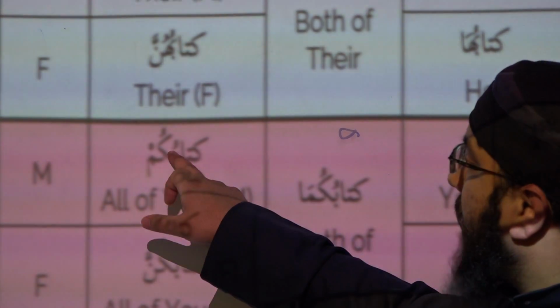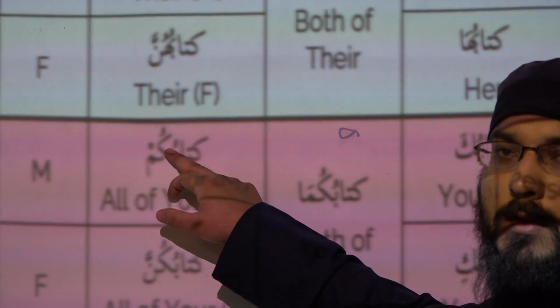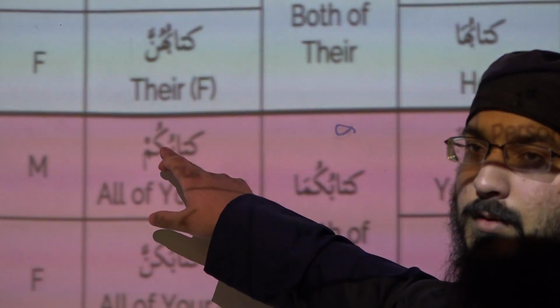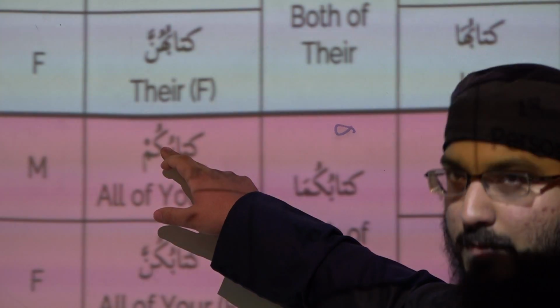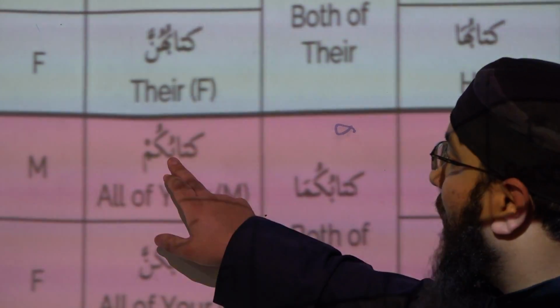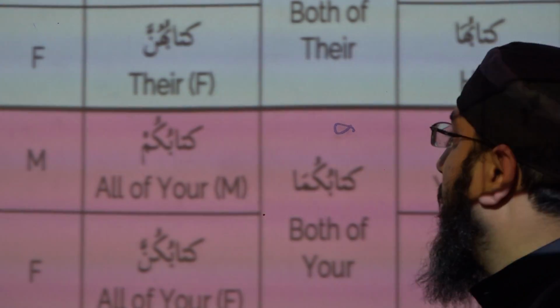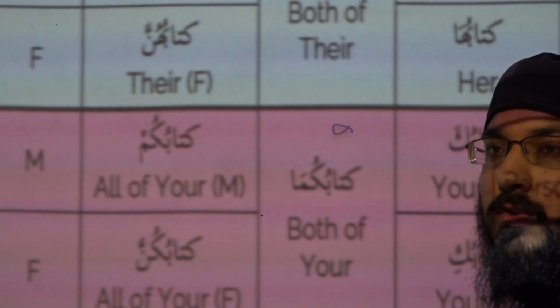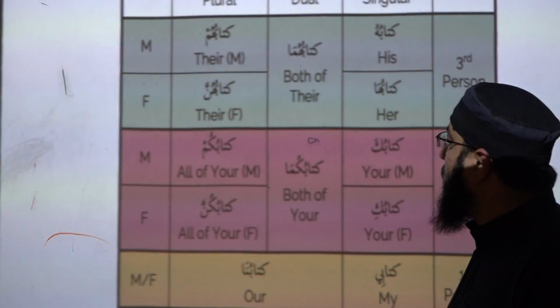This noun has a dhamma on it, so what state would it be? Nominative, yeah, because it has a u at the end of the noun part. So similarly, naumakum has a fatha at the end, an a sound, so that makes it automatically accusative.